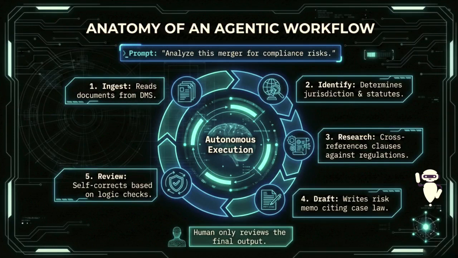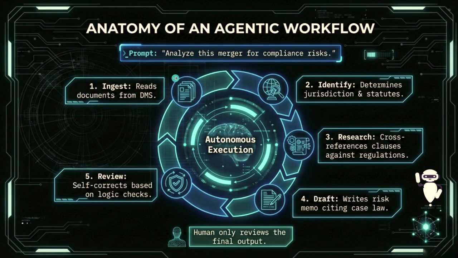But what if we want AI to perform more complex tasks? We can create an agentic workflow with more than one agent that works with each other. For example, we want AI to analyze a merger for compliance risk.